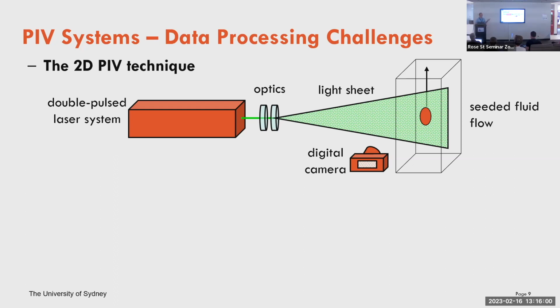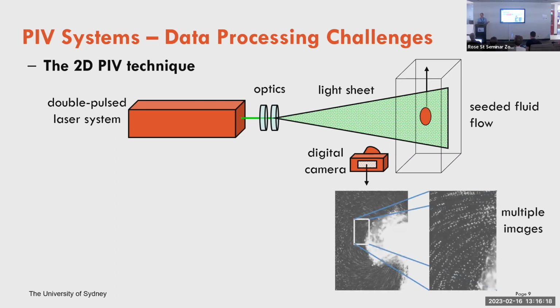PIV looks like a simple technique. You put a laser sheet in the flow, you seed the flow, you have a digital camera, you pulse the laser, and you're seeding in the flow, your smoke or your particles in the flow. They're recorded by the sensor, and effectively you get a series of images with a time history of the flow through the particle images.